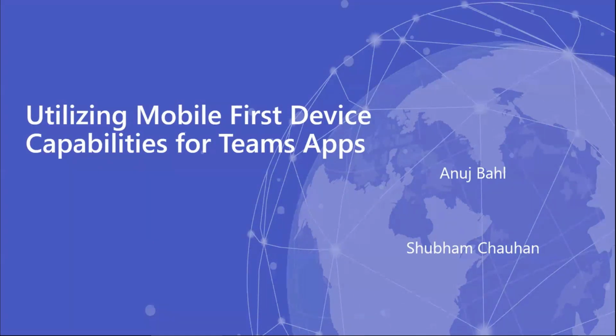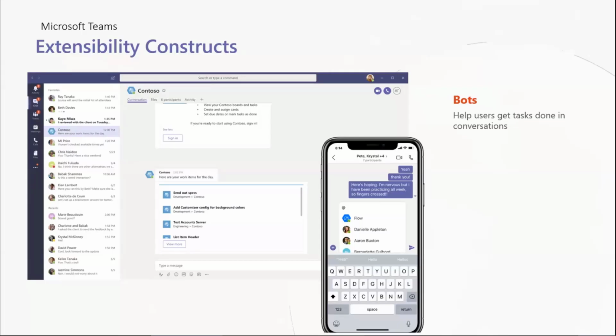Today, we're going to specifically talk about device capabilities, and these are essentially hardware capabilities that come on your phone. We want to showcase the various scenarios to you on how extensible app developers can utilize these capabilities to build richer mobile-first applications.